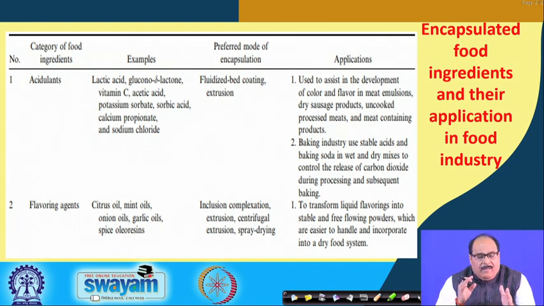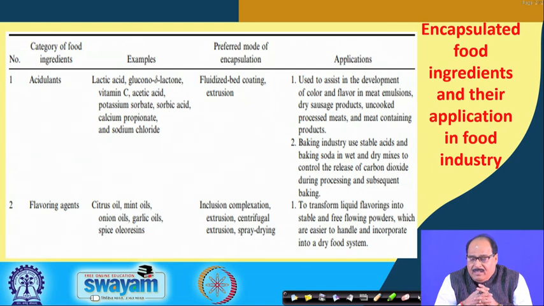These coated acidulants are used to assist in the development of color and flavor in meat emulsions, dry sausage products, and other meat and meat containing products. They are also used in the baking industry.